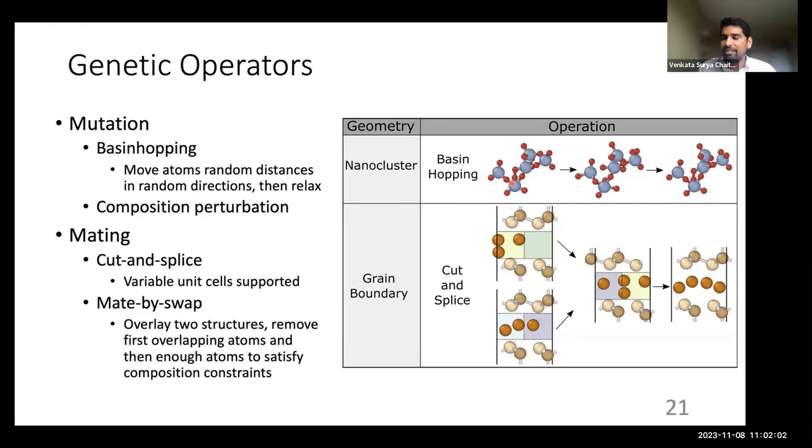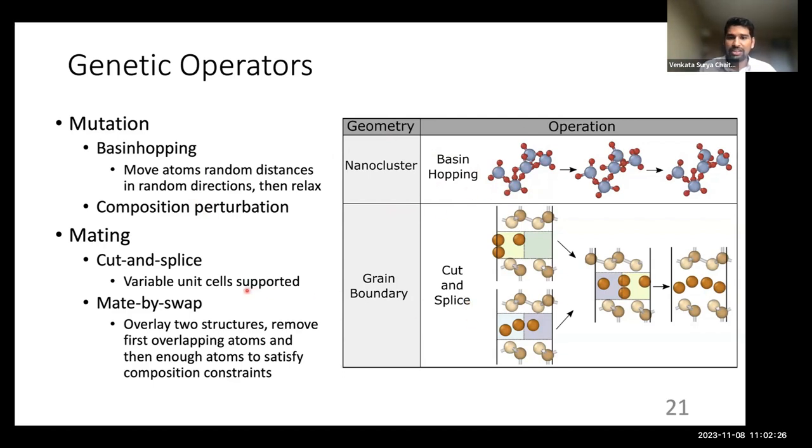So here we have a parent structure, and we altered the atoms and the distances between the bonds, so that we can jump from one basin to a basin which is in the vicinity of this initial basin. So this is the exploitation operation.